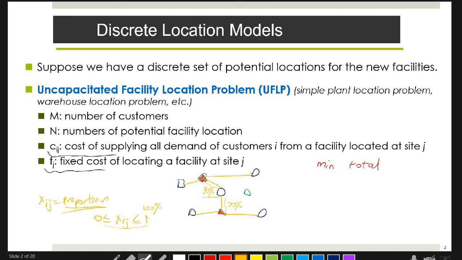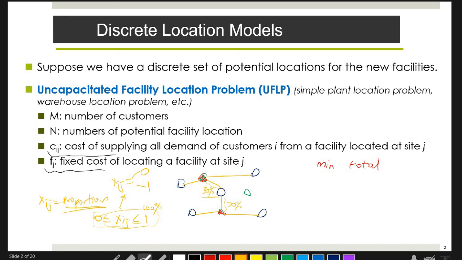Actually, it is a property of this model that when you solve it, even if you don't write this, even if you don't require it, in the optimal solution all Xij values will be either 0 or 1. So you either satisfy nothing for a customer from a facility, or you satisfy 100% of it.